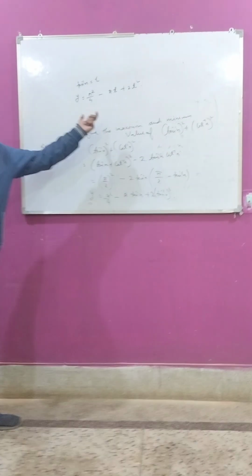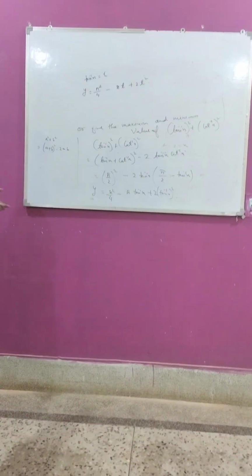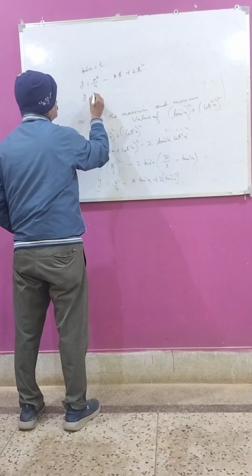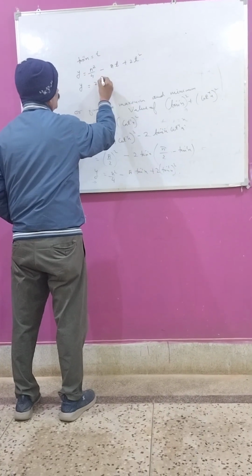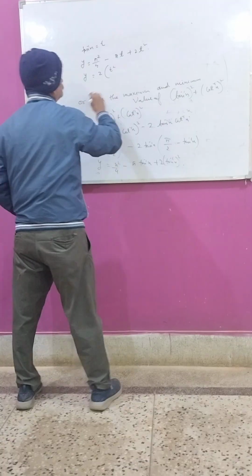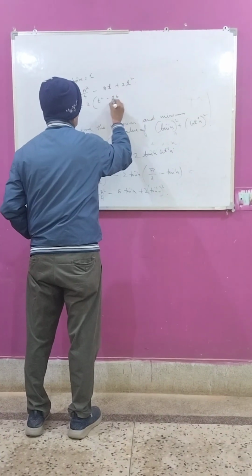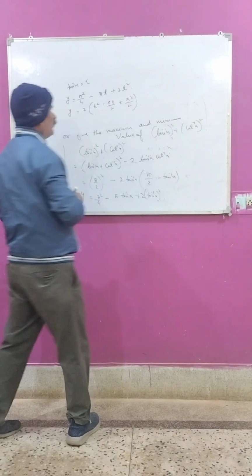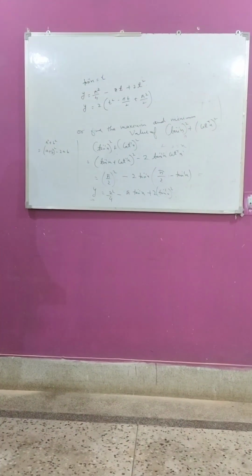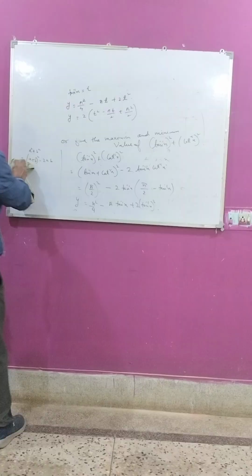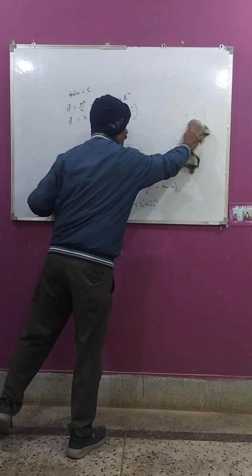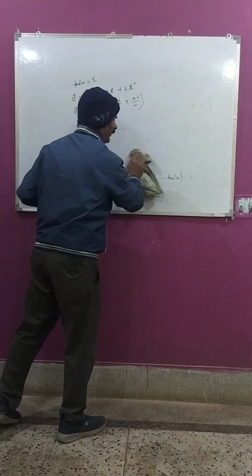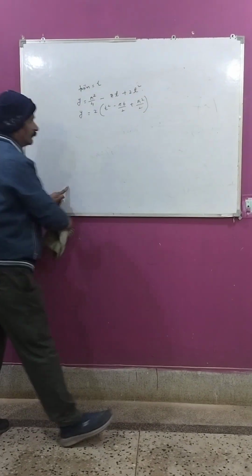So for finding the maximum minimum value, what do we have to do? We have to make a perfect square. So take 2 common: t squared minus pi t by 2 plus pi squared by 2. There are two methods to find the maximum minimum value here. First we discuss by making a perfect square. Another one, you can use the quadratic concept and find the maximum minimum value.